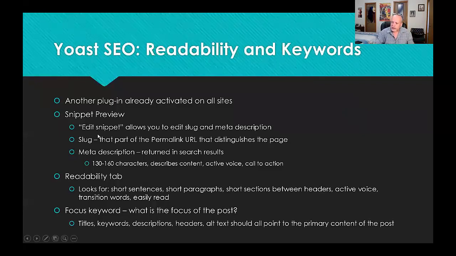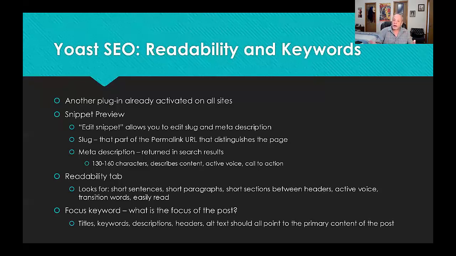I'll go through this quickly, though it'll make more sense once you're actually in Yoast SEO. If you go to the snippet preview part, edit snippet allows you to edit the slug and the meta description. We found a different place to work with the slug, which is right below the title. So we're going to use edit snippet today for a description on the site.